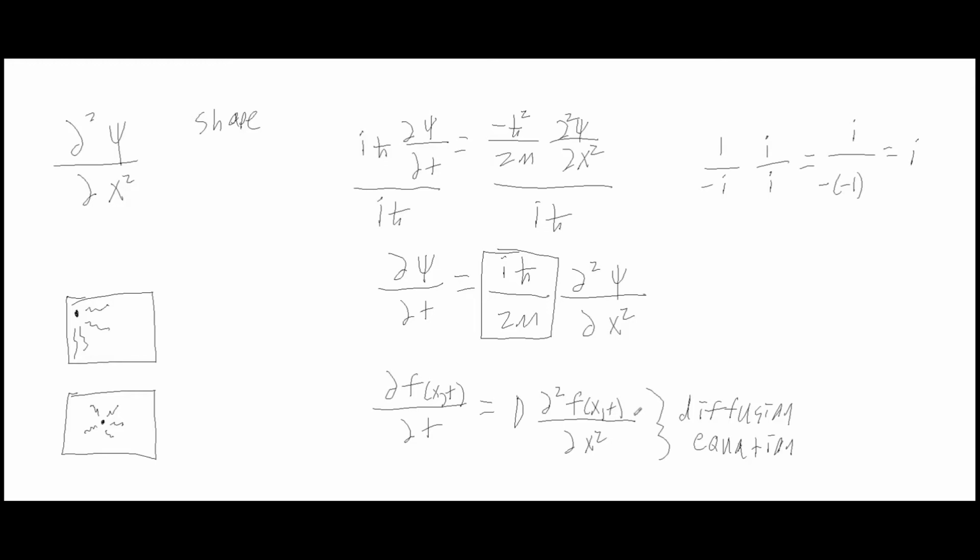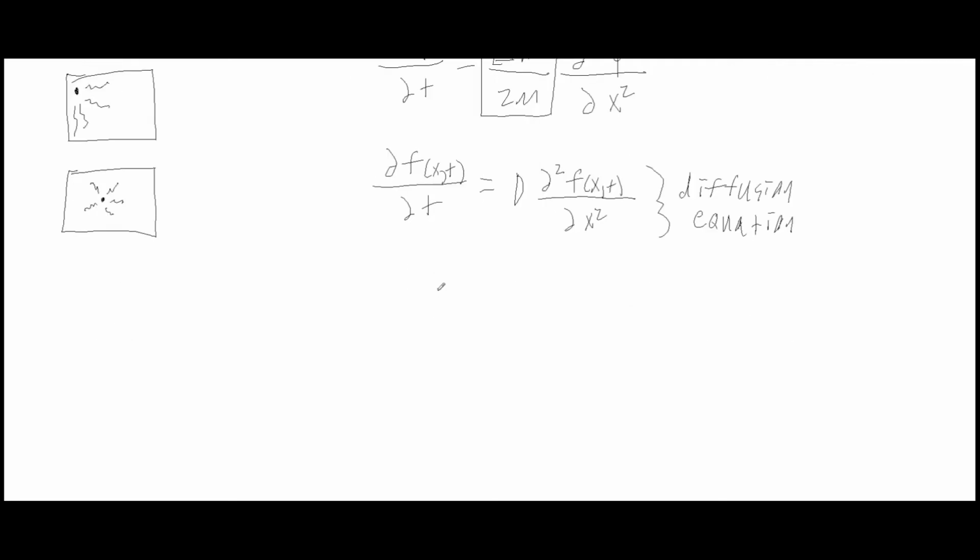And so what you will notice, though, is that this d here is a real number. It's not a complex number. What we have in the Schrodinger equation, though, is this i here, and that's where this makes a big difference. The i makes it so that the solution to our wave isn't just that we have some wave here, and then over time it will diffuse out, then over more time it just ends up flat, the way that diffusion happens.